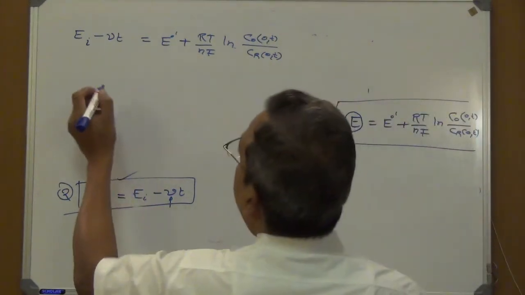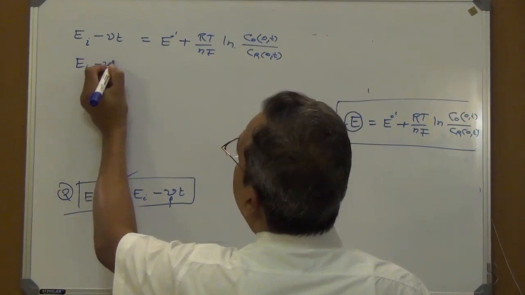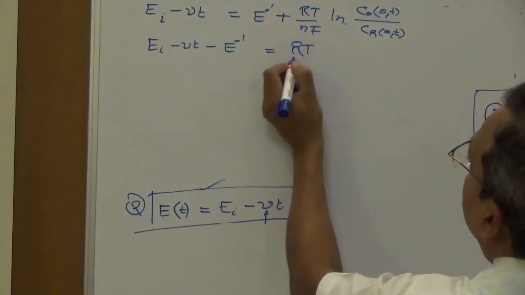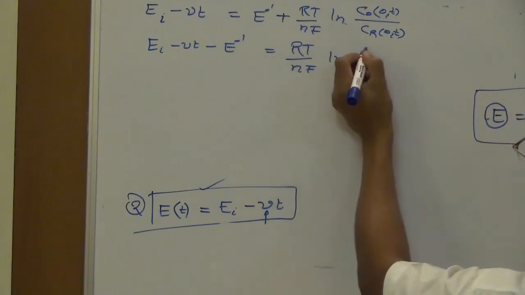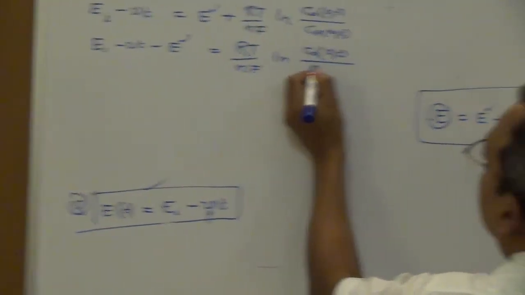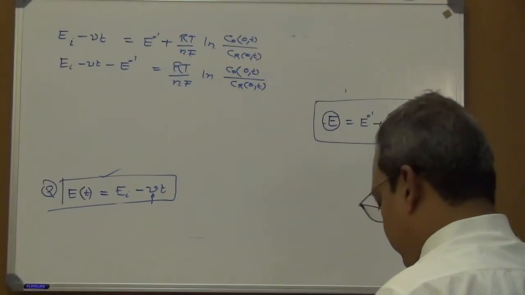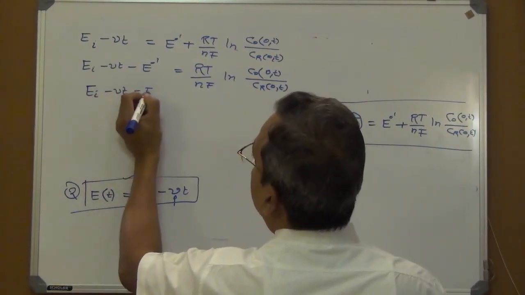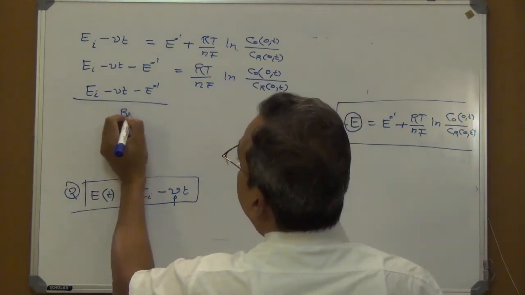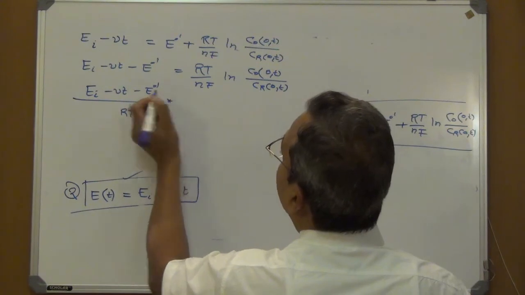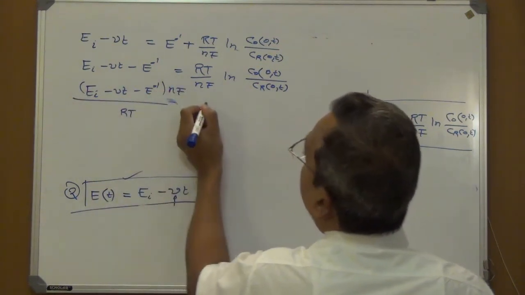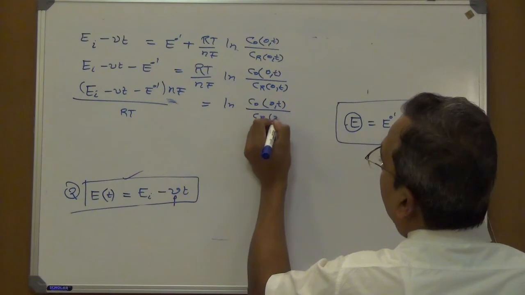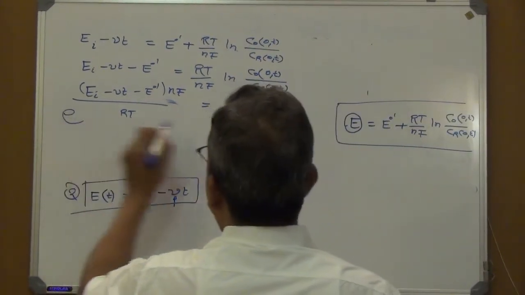If you rearrange this equation, Ei minus nu t minus E0 dash is equal to RT by nF ln of C_O(0,t) upon C_R(0,t). Rearranging a little, I get Ei minus nu t minus E0 dash upon RT, into nF, is equal to ln of C_O(0,t) upon C_R(0,t). Taking the exponential on both sides, you know that, right?